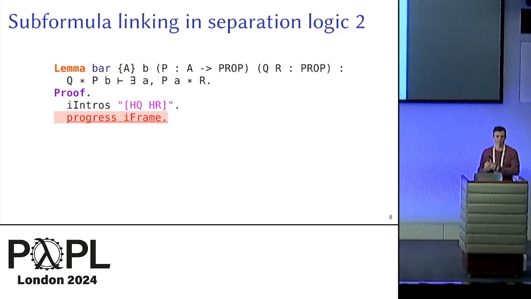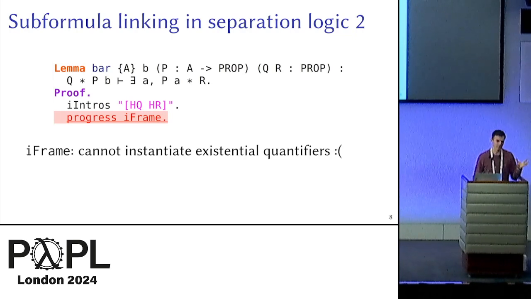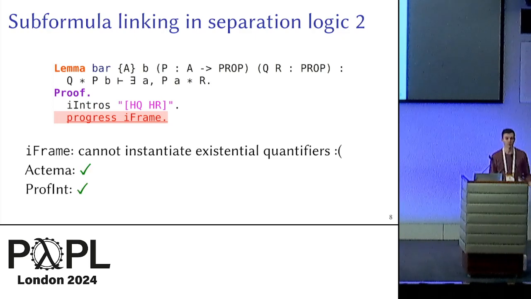So iFrame does some subformula linking, but it cannot do the more complicated things that these ACTEMA and PROFINT systems do. iFrame cannot instantiate these existential quantifiers, but these existing systems for specifically subformula linking are able to do such things. So maybe we can use their ideas to improve the situation.